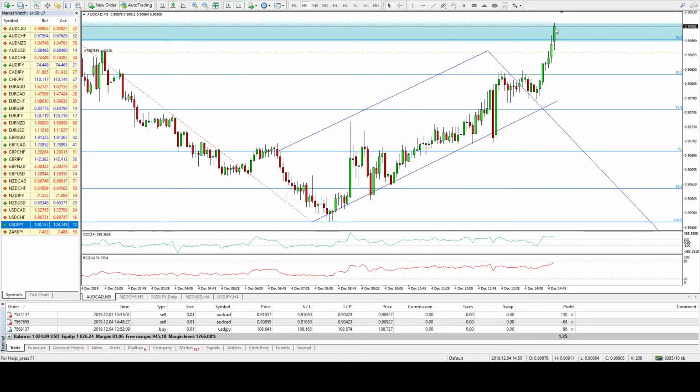Let's see if that happens. Looks good. We want more sellers. We want more sellers to come in. Okay, that's a 5 minute candle, of course.